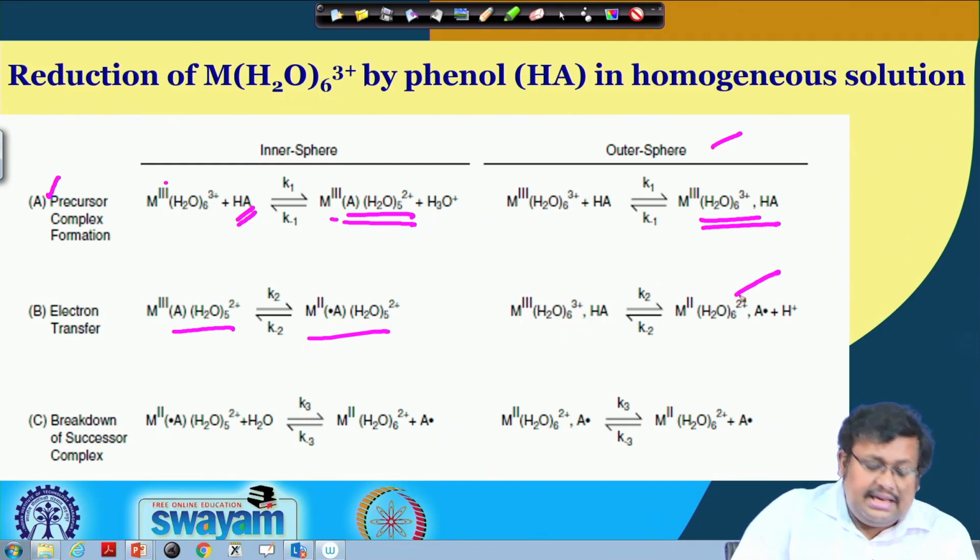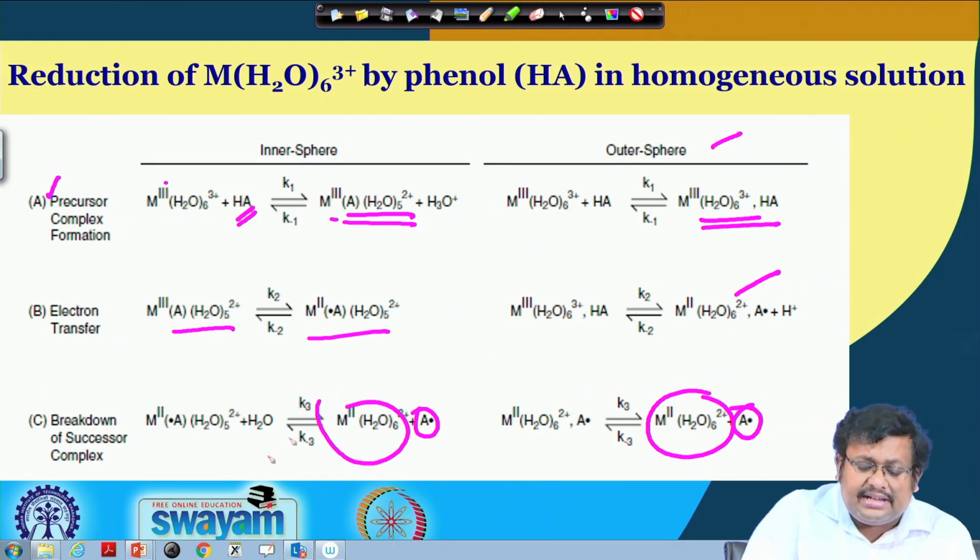Similarly here, and in the third phase, obviously, the breakdown of the successor complex. You can see the successor complex further breaks down to release A, and then ultimately reduces the complex to M2+.